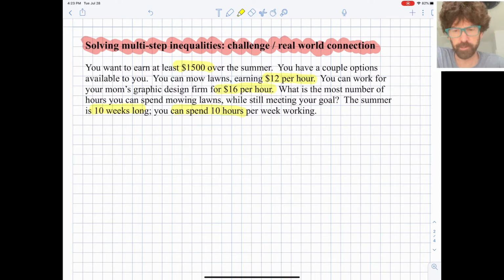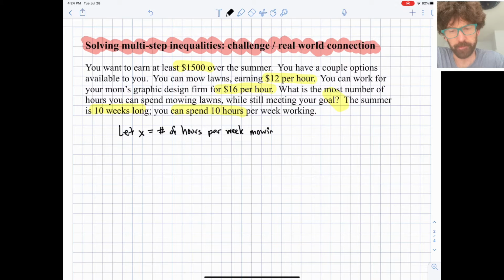So one tip I give for every word problem is to look for the question mark, and here's the question mark right here. That's going to help you define your variable. So let's let x equal number of hours, and I'm going to say per week here, and I'll tell you why in a second, mowing lawns.